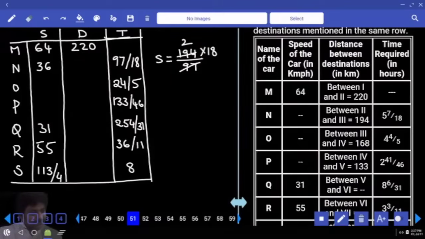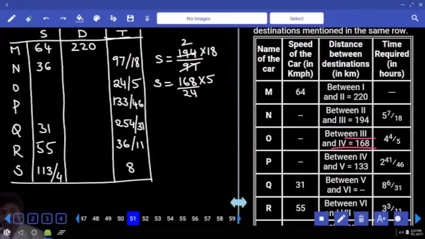Third distance, 3 to 4. So speed here is 168 kilometers covered in 24 by 5.